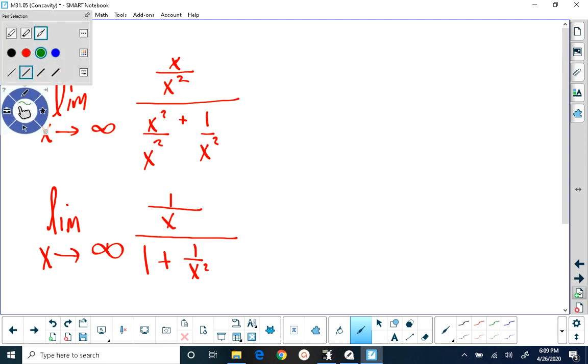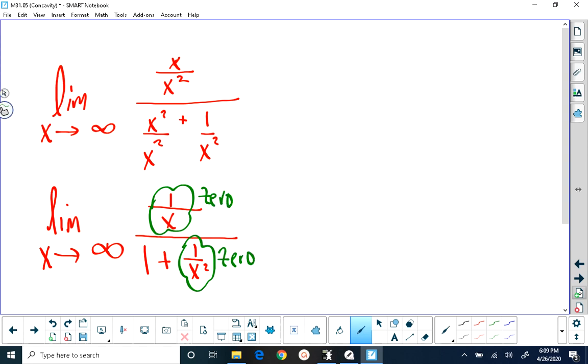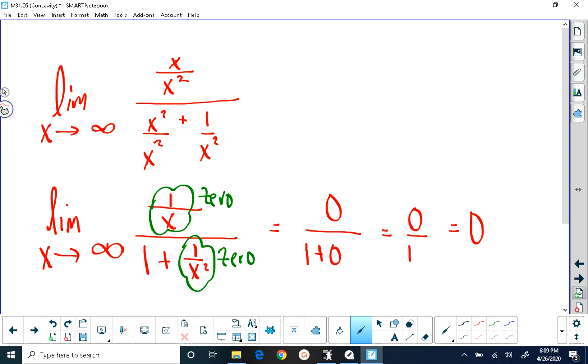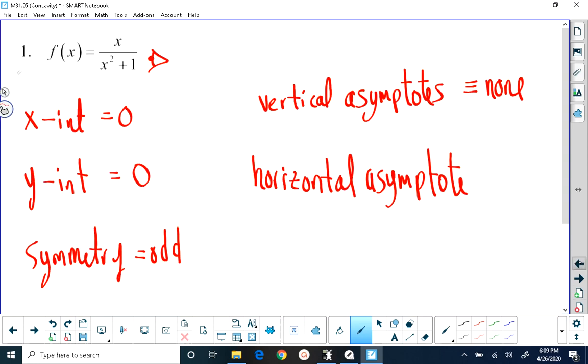At large values of x, both 1 over x and 1 over x squared will approach 0. Which means that we're going to get 0 over 1 plus 0, which is 0 over 1, which is 0. That means that we have a horizontal asymptote at y equals 0.